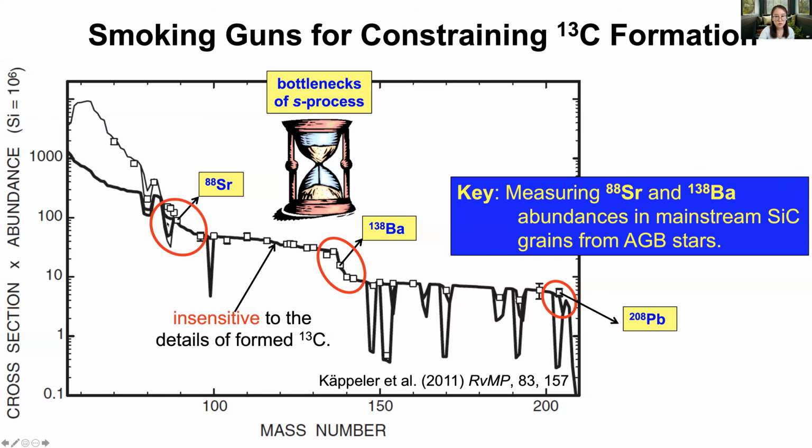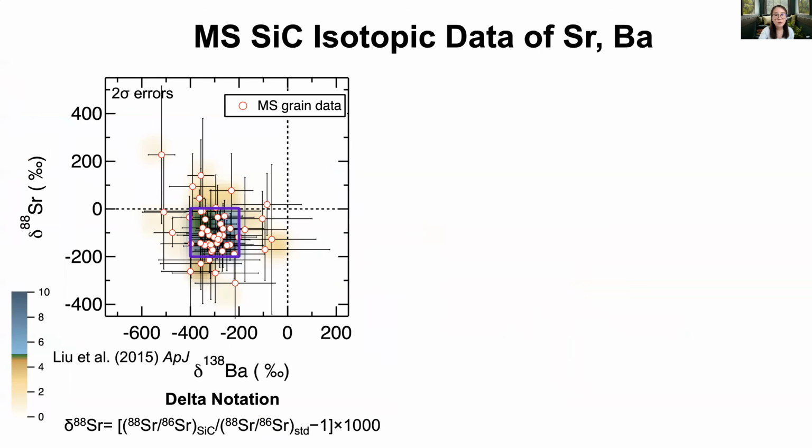Therefore, the abundances of strontium-88, barium-138, and lead-208 should be most sensitive to the details of the carbon-13 formation. Therefore, in the following slides, we will use the strontium and barium isotopic compositions of mainstream grains to constrain the carbon-13 pocket for the s-process.